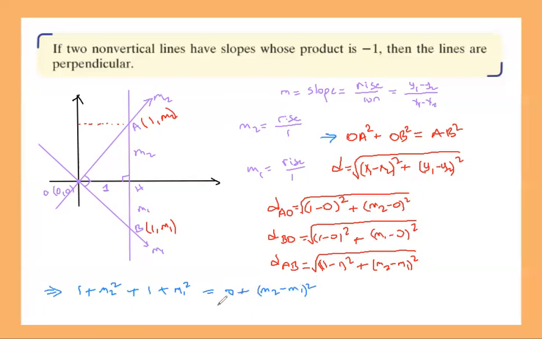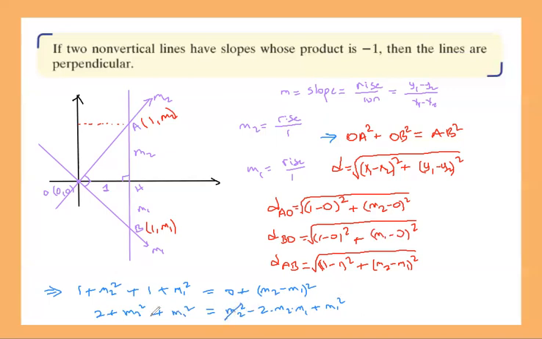So let's expand the right side so we can see some sort of cancellation. If you want to write m2 minus m1 to the second power, you can write this binomial twice and multiply, or you can use the square of a binomial, which will be m2 squared minus 2 times m2 times m1 plus m1 squared. Again, if you don't get this part, please write this binomial twice and multiply. So you should be getting this one. 1 plus 1 is 2, and then you have m2 squared plus m1 squared.